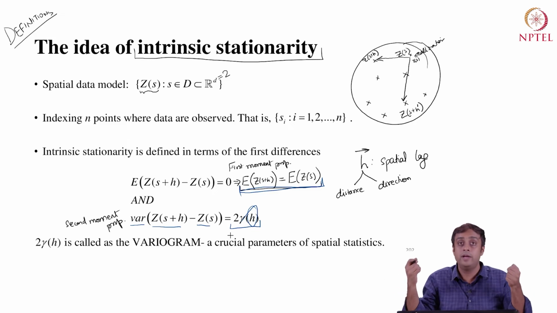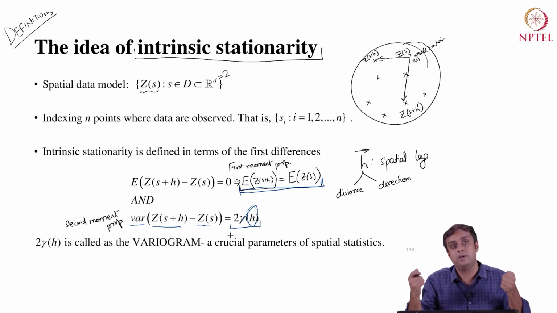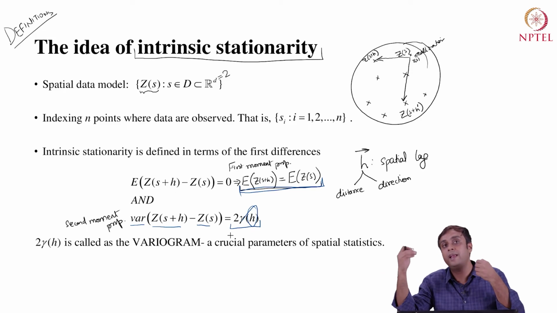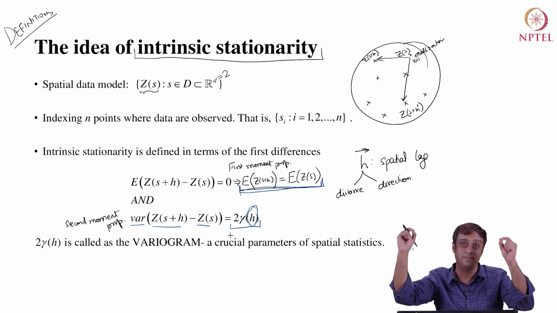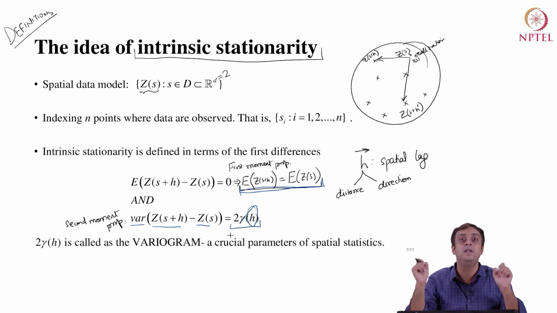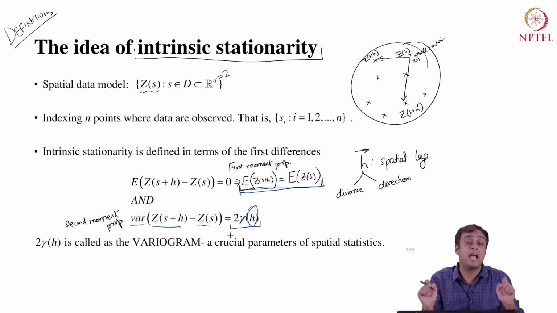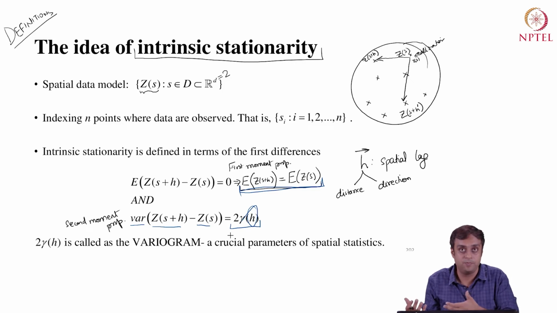So, the second moment of the first difference between these values in space, for any two pairs, will solely depend on the lag between them, inside this function gamma h.